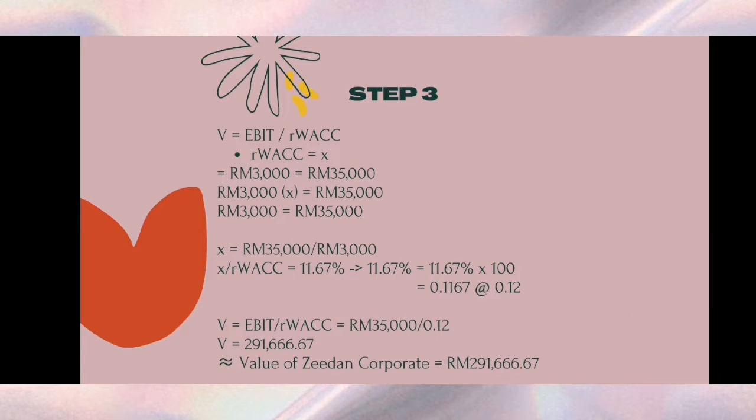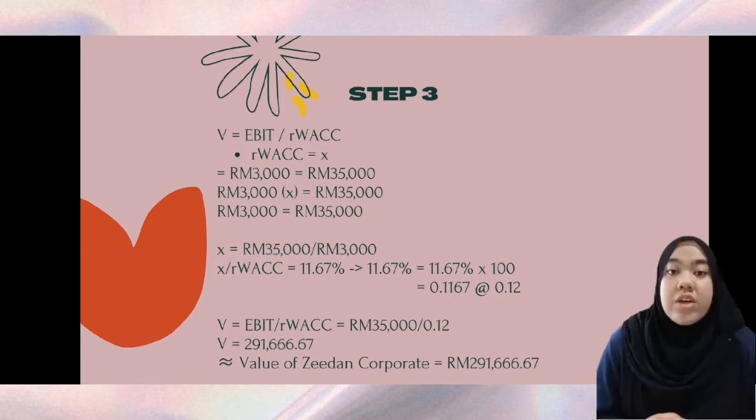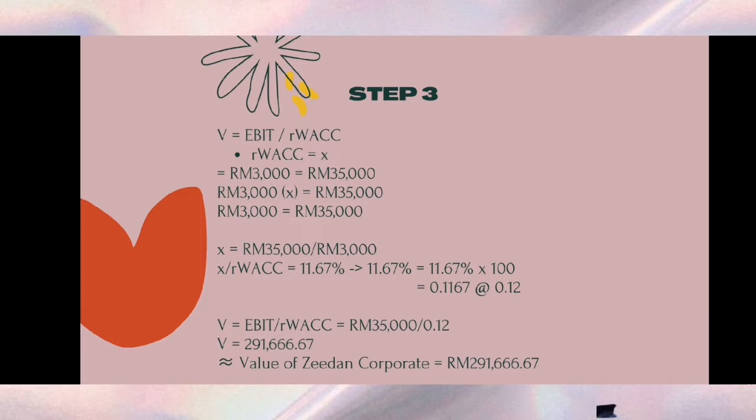The amount is 3,000 equal to 35,000 divided by RWACC, or as we state, X. Then we move it to the left, so it becomes 3,000 X equal to 35,000.